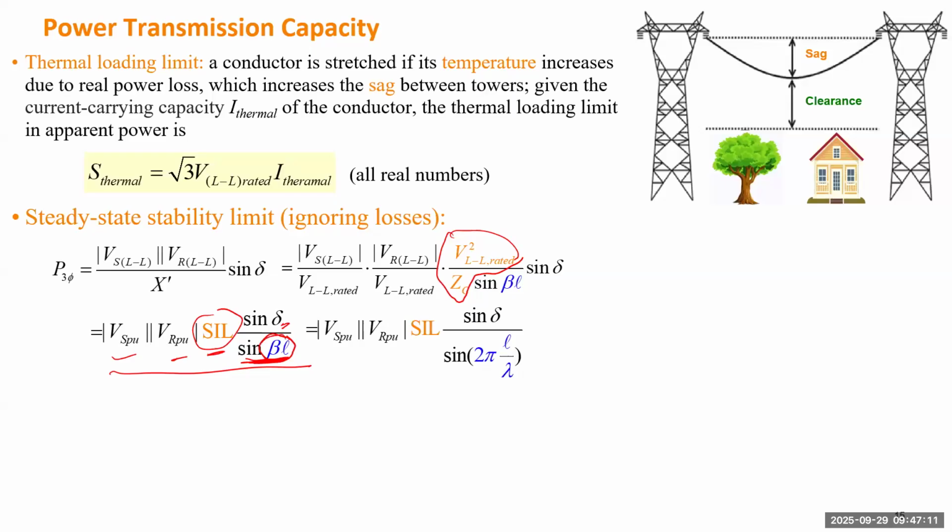We know this value cannot reach 2 pi, because if it becomes 2 pi, sine 2 pi will become 0. So that will make this formula not valid. Okay, so we will assume beta L will have some upper limit, which is 2 pi. If beta L as an angle has upper limit 2 pi, which means L will have some limit, we call it lambda.